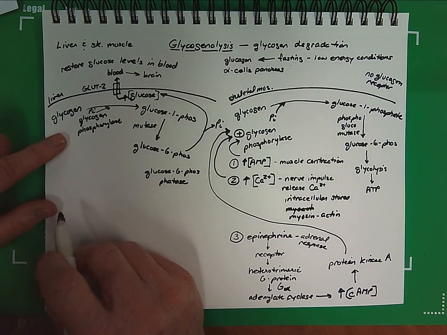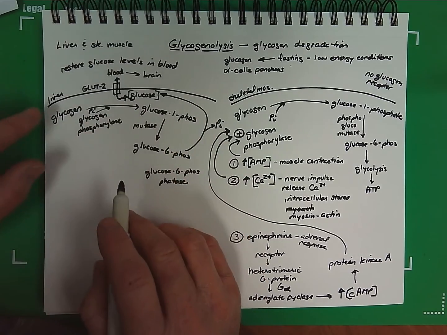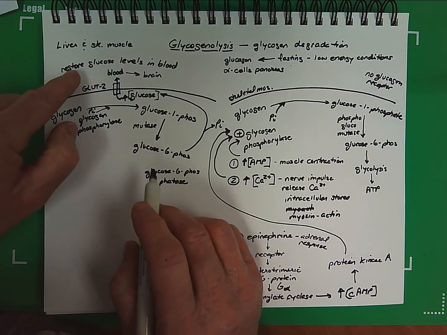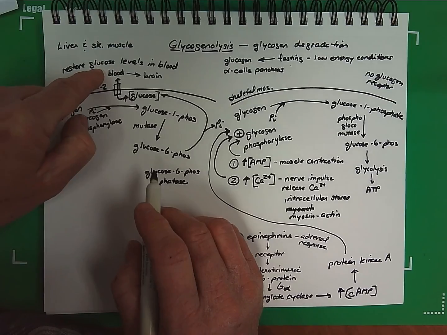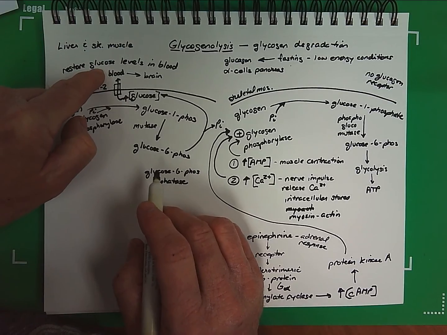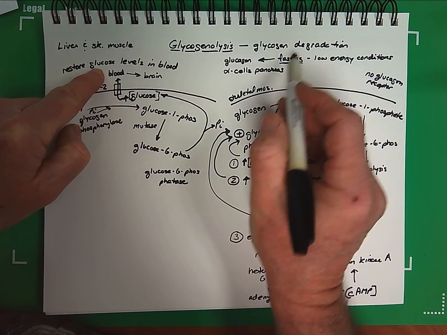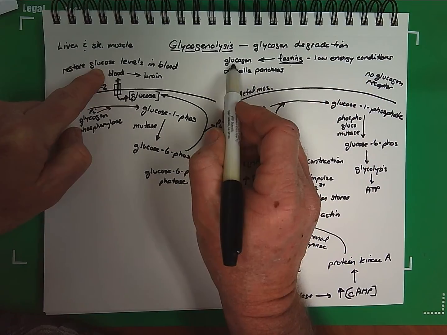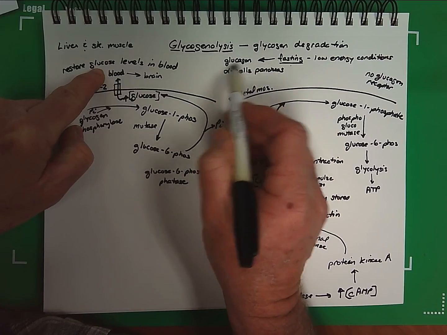Now the question is what regulates this process? Well, simply, if the liver is responsible for maintaining glucose levels in the blood, that means glucose levels are going down in the blood, and that will occur under fasting conditions. So recall, under fasting conditions, we have the hormone glucagon secreted by the alpha cells in the pancreas.